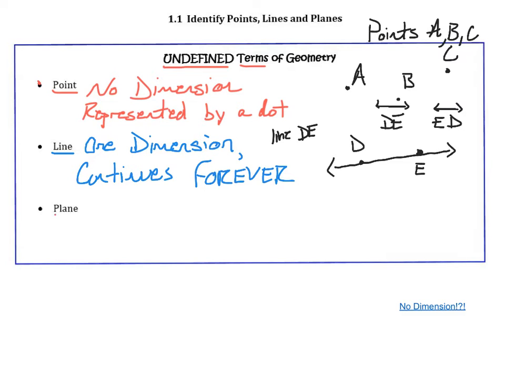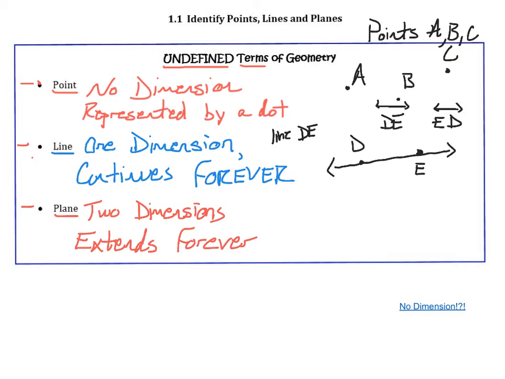My third undefined term, a plane. So we're going from no dimension, to one dimension, and a plane has 2 dimensions. Now, similar to a line, instead of saying it continues forever, I'm going to say it extends forever or continuously.